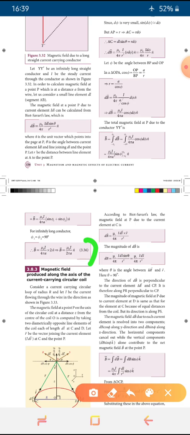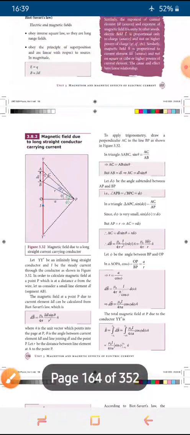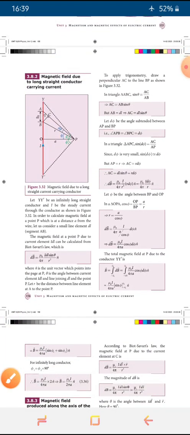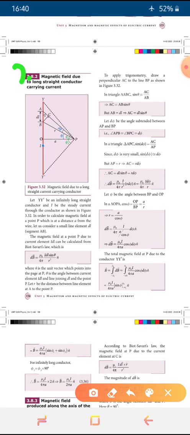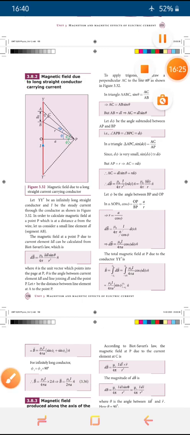This is a most important question and answer. Write the question here: Obtain an expression for magnetic field due to a long straight current carrying conductor. This is a most important question, and take this one question as today's homework.